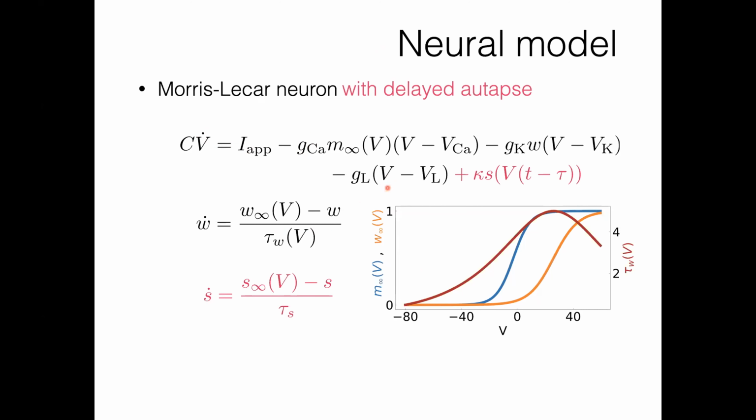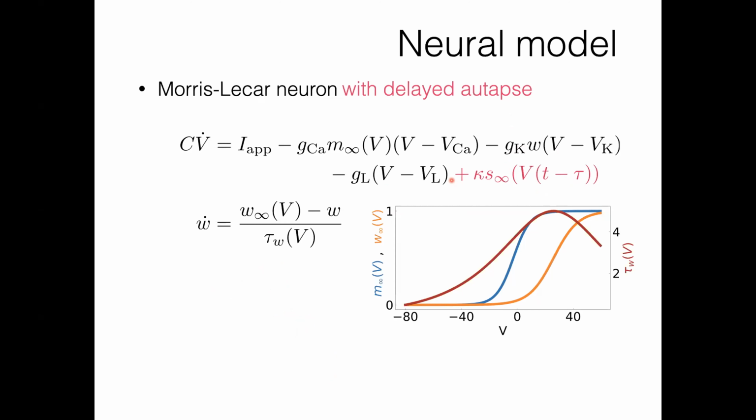So S is some ORTAPS-induced current, and I assume it has a very similar form to W. So there's some S infinity, an asymptotic steady state, and there's some time constant for S, which in this model we're going to assume that the synaptic transmission is instantaneous. So there is a delay term, which is the delay between when the signal is felt at the axonal bouton versus when it is elicited in the soma, but the actual transmission of the activity across the synaptic cleft is instantaneous. Okay, so we can replace S with just this asymptotic value here.